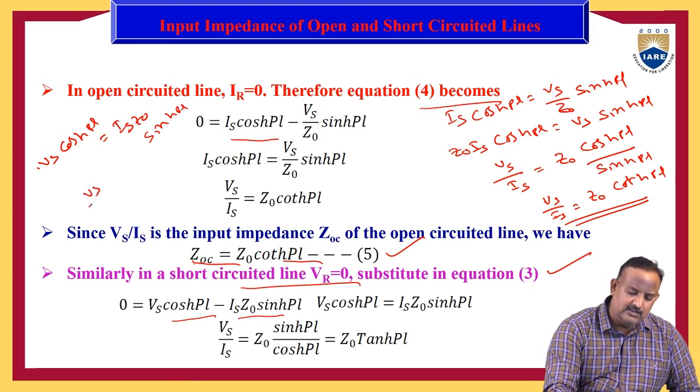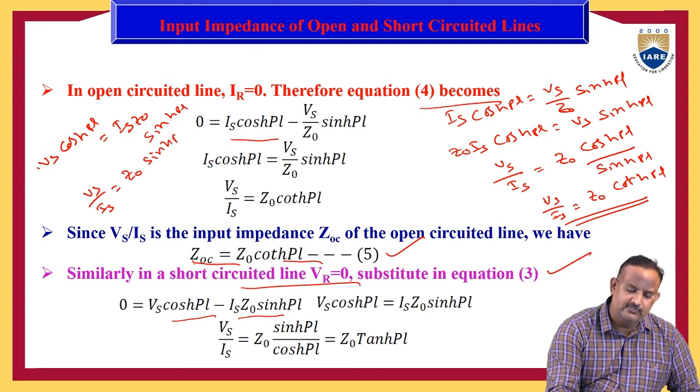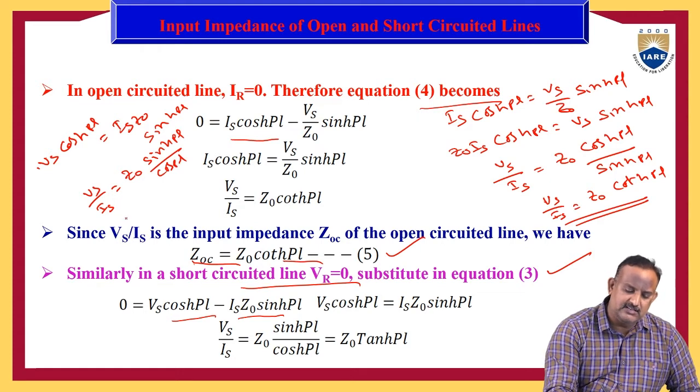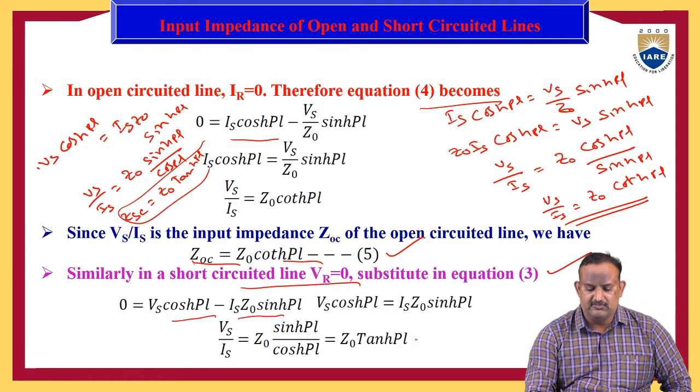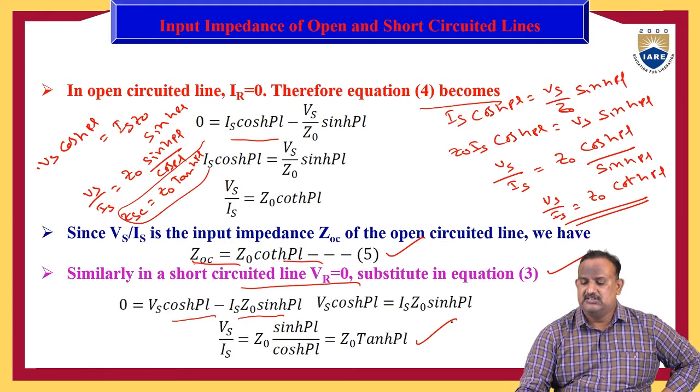Therefore, Vs by Is is equal to Z naught into sinh γL by cosh γL. Vs by Is is nothing but ZSC. So the equation is ZSC is equal to Z naught tanh γL.